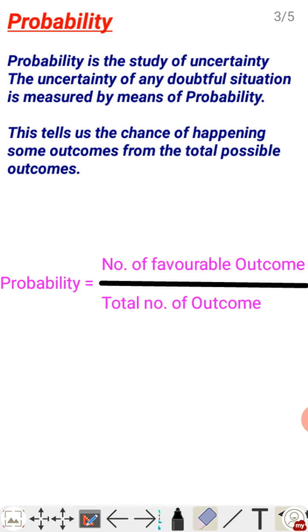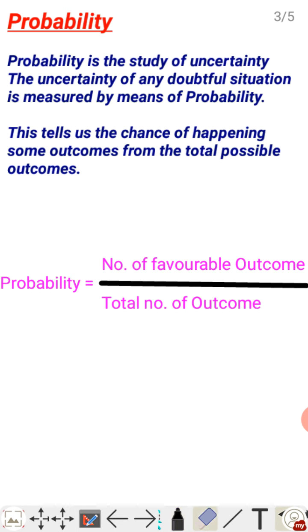The formula for probability, to find the probability, is the number of favorable outcomes upon the total number of outcomes. So what is the number of favorable outcomes? The number of favorable outcomes means the number of choices, or how many times it is said to do.